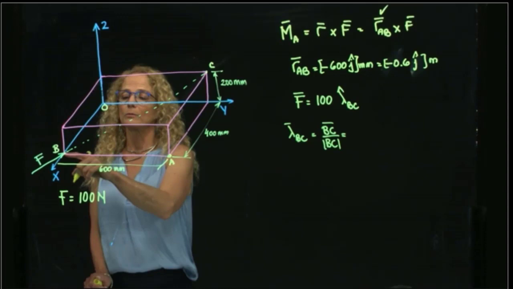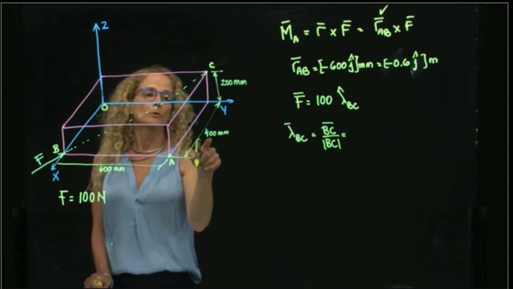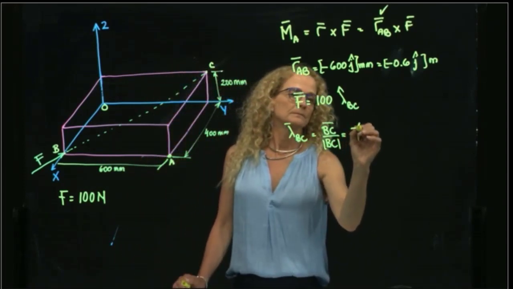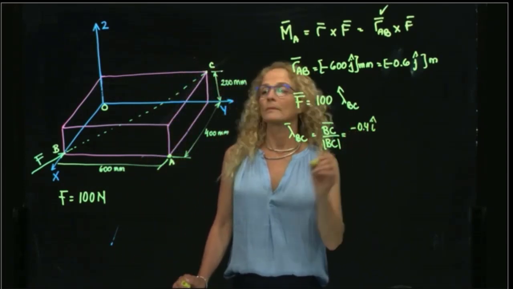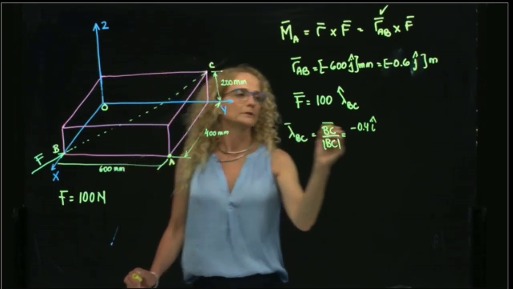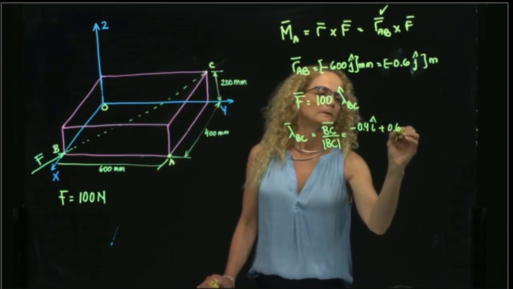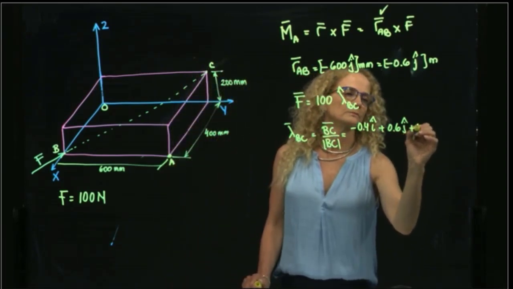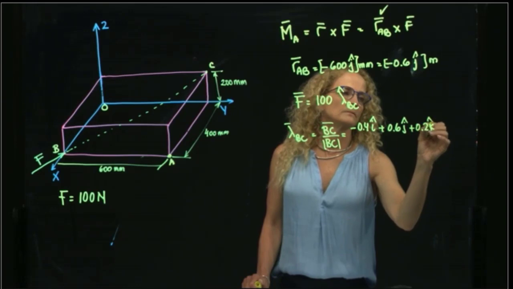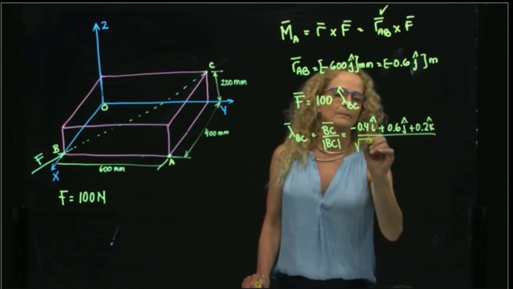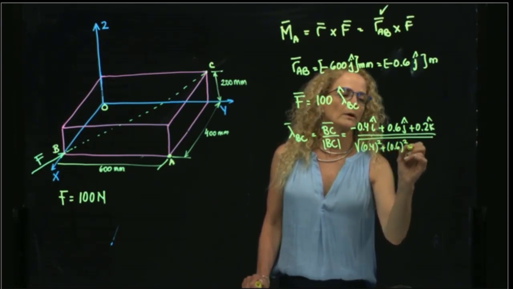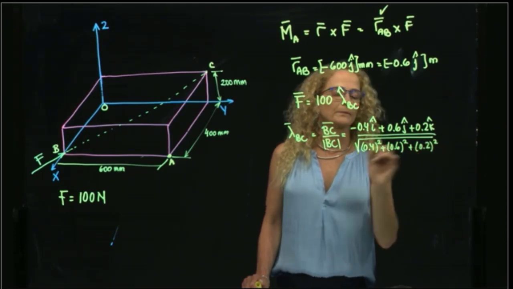So for example, I go negative 0.4 meters in X, in Y I go 0.6, and in K I go 0.2. And that is divided by the magnitude of that vector, which is the square root of 0.4 squared, 0.6 squared, 0.2 squared.